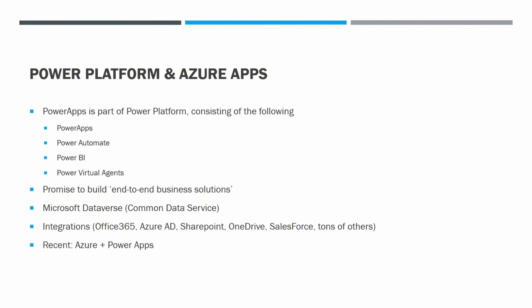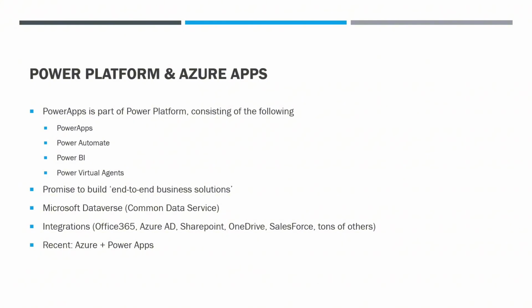Power BI is a reporting tool. And a lot of people who are good at Excel, their next progression is to get expertise on Power BI so that they can create reports and charts and graphs using Power BI.